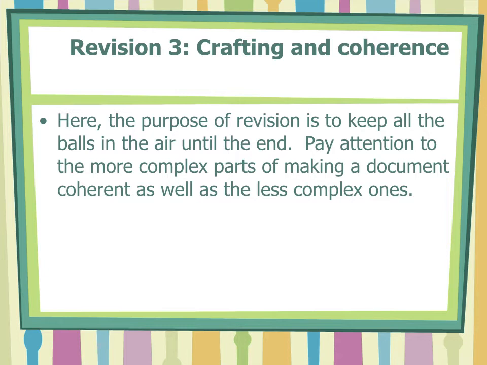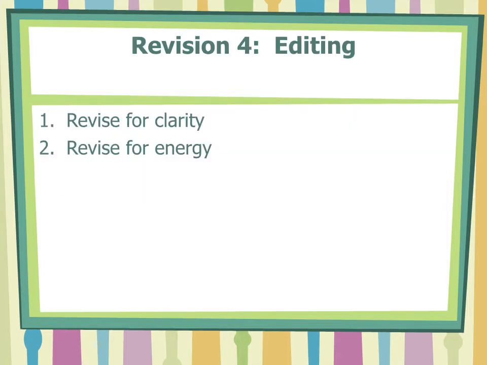You're looking at signposting, linking paragraph to paragraph and section to section. You're trying to make sure that there's an overall coherence throughout the document. Okay, let's move on to the next one.